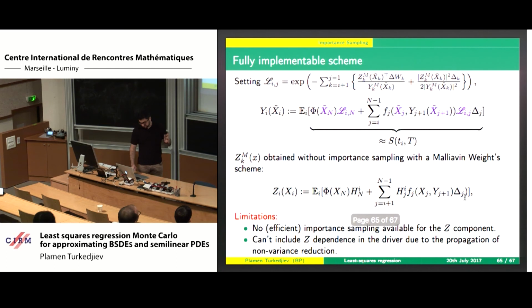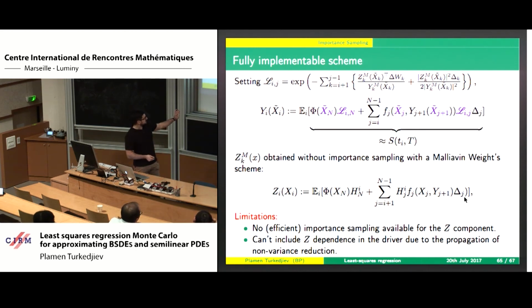And we can turn this into a fully implementable algorithm using uses. And we did this, we computed z basically using the Malliavin weights type approximation.